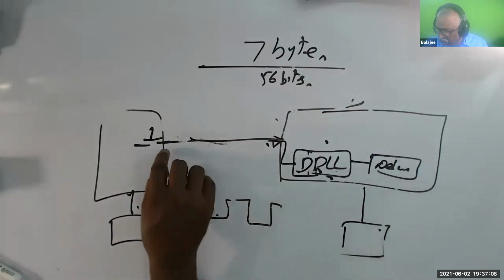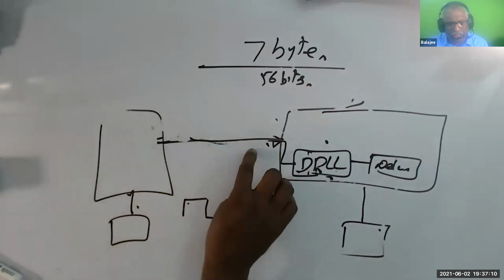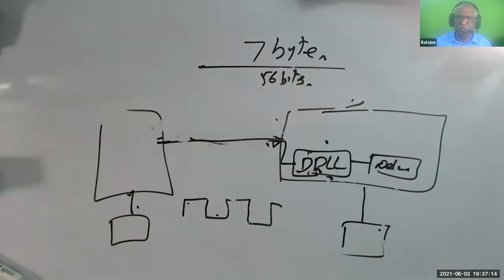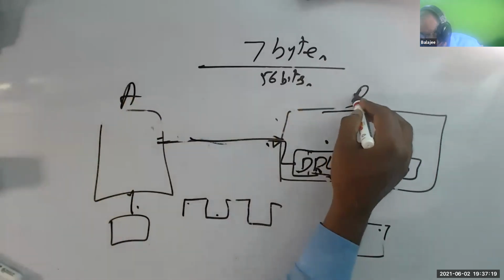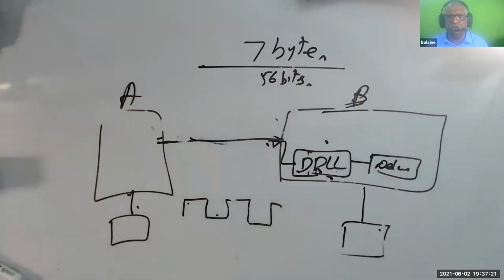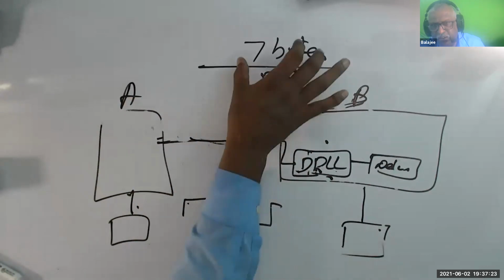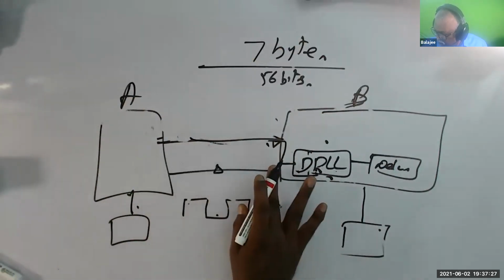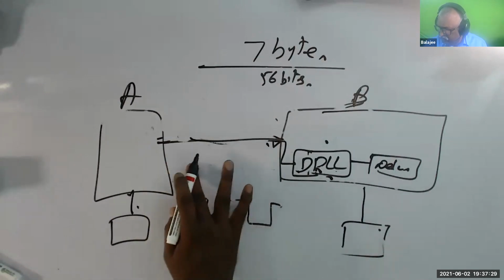What I do here is I use the same wire, one wire, as a clock. That clock is called the preamble. I send the clock from place A to B for B to detect the delay. By using these 7 bytes, I don't have to use one more wire. To remove a wire, I do that.